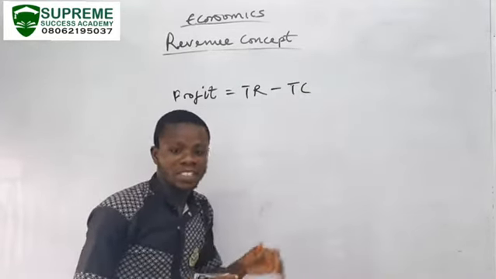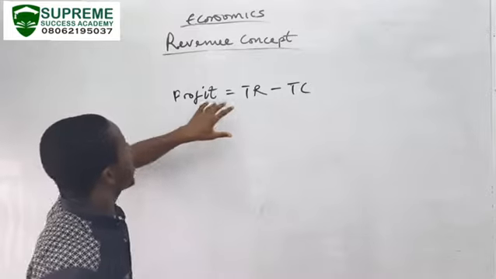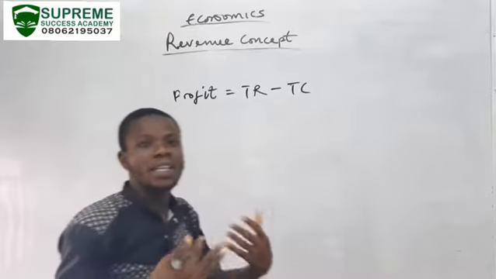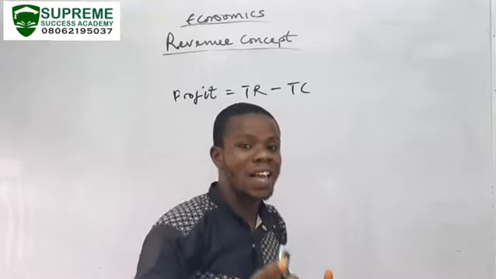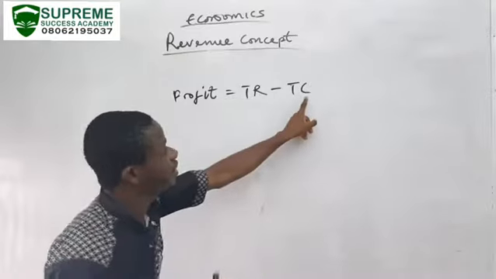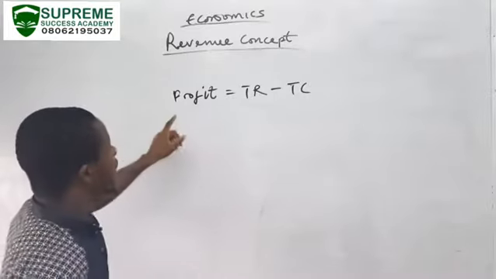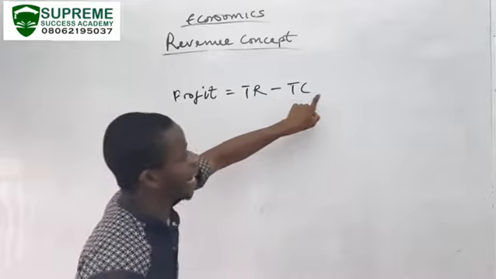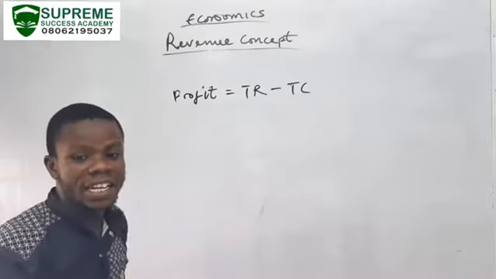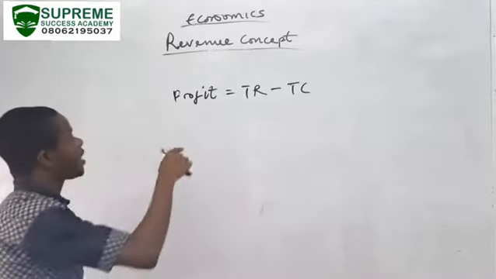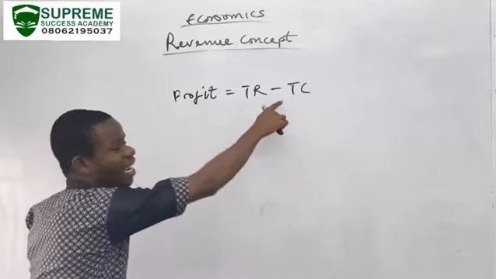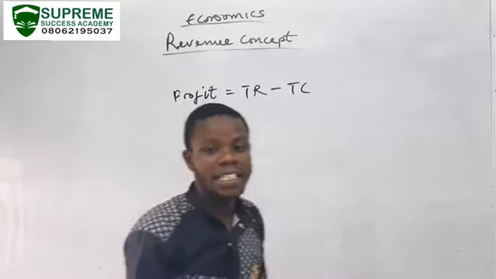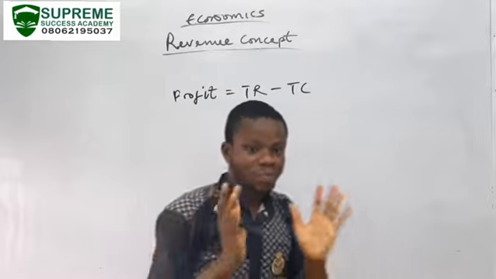But take note of this. Profit depends on the relationship between the total revenue and the total cost of a firm. If the total revenue is greater than the total cost, then there is profit. And if the total revenue is less than the total cost of production, then there is loss.